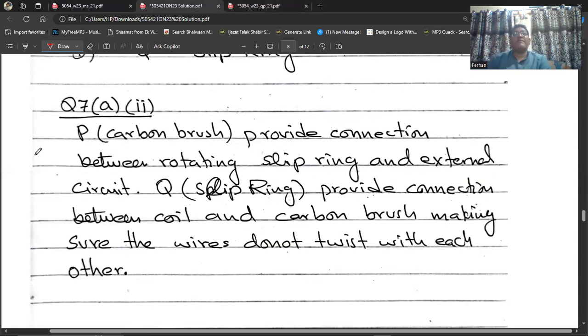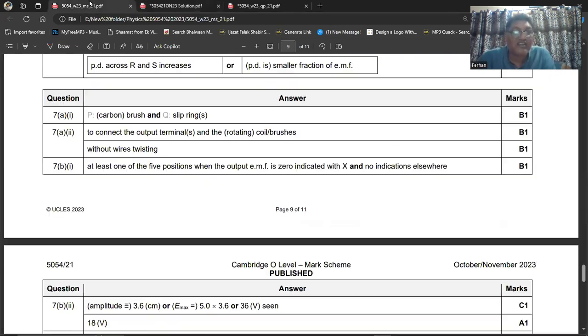So the carbon brush provides connection between the rotating slip ring and the external circuit. Q, the slip ring, provides connection between the coil and the carbon brush, making sure the wires do not twist with each other. So this is that answer.